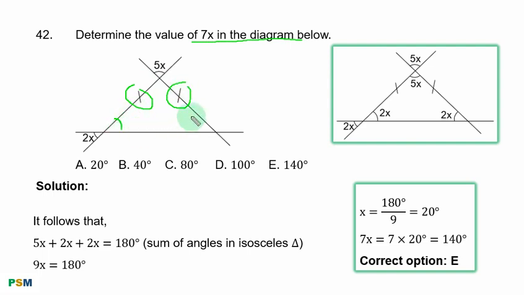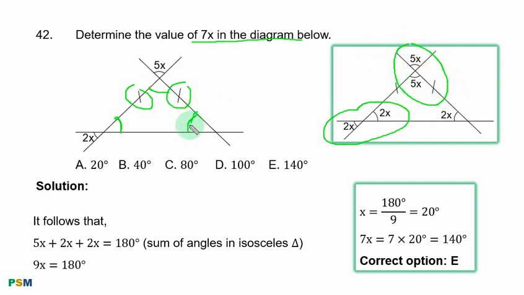The base angles are equal. Before 7S, we need S. In this diagram, this angle is equal to 2S, vertically opposite angles. This angle is equal to 5S, vertically opposite angles.